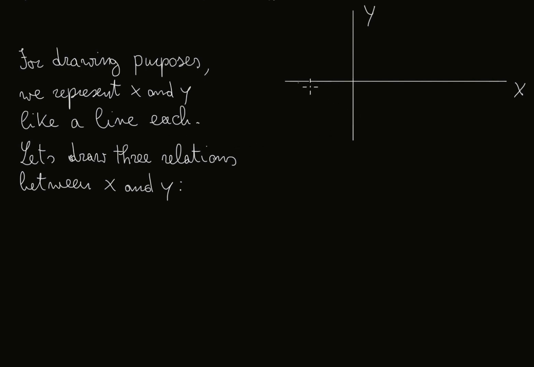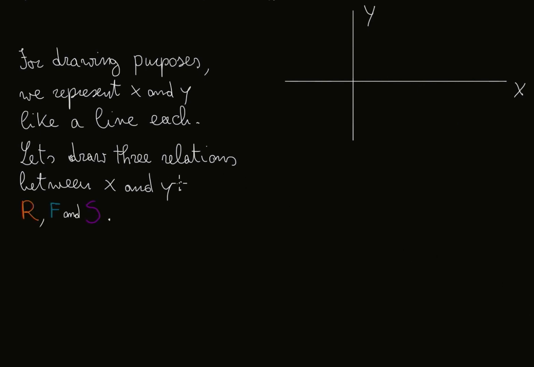So we have here x, a horizontal line, y is a vertical line, and the Cartesian product between x and y will be looking like the Euclidean plane. All the points in this black area are the points that correspond to the Cartesian product between x and y. So let's draw 3 relations between x and y. So 3 subsets inside this Cartesian product.